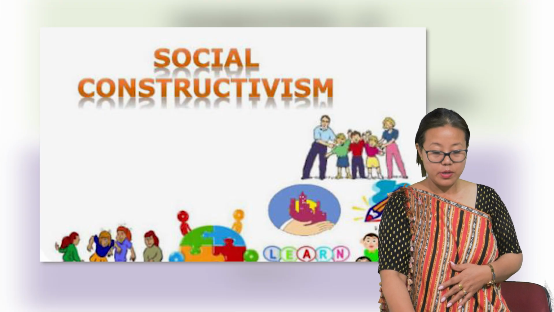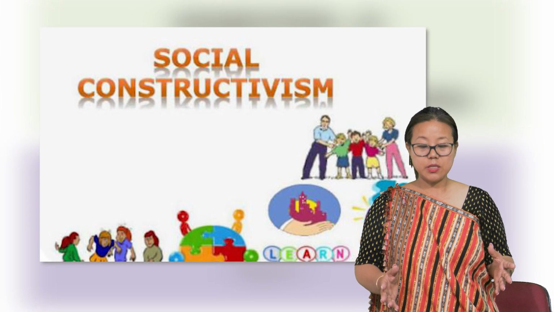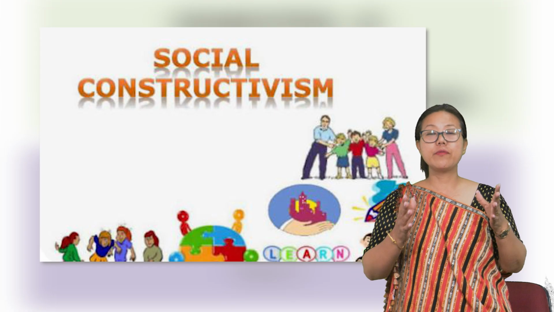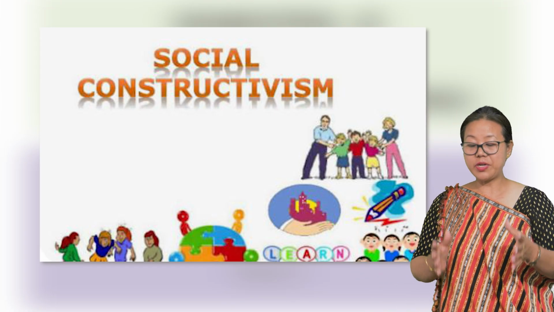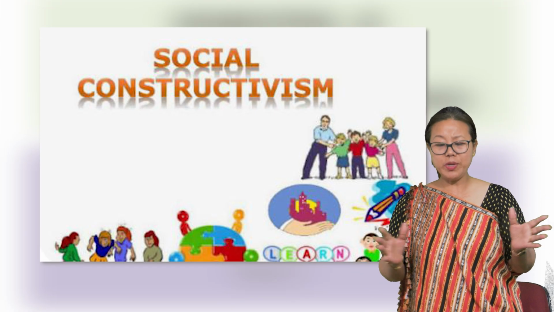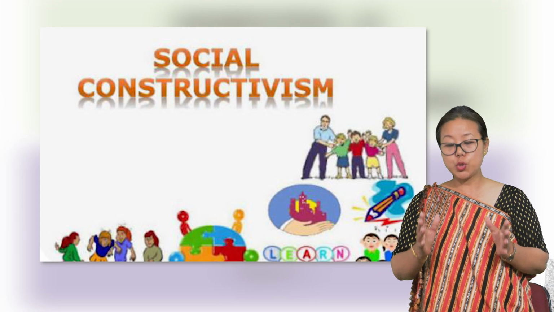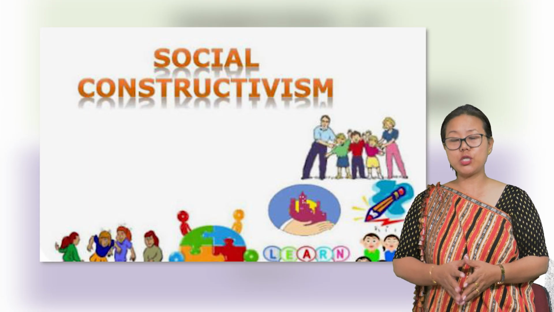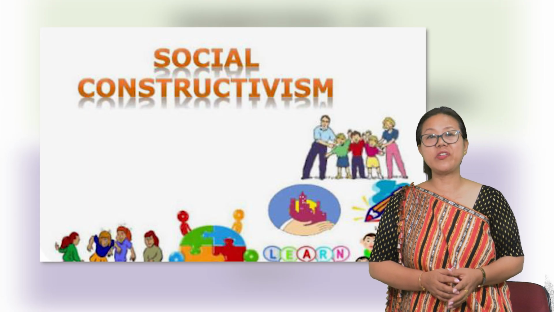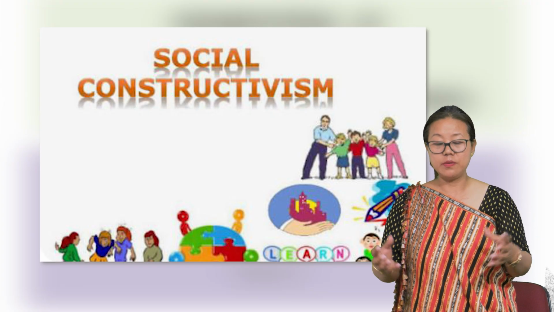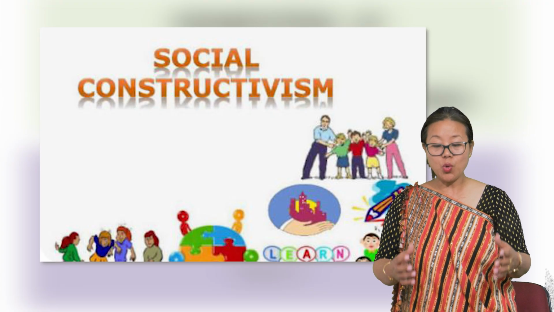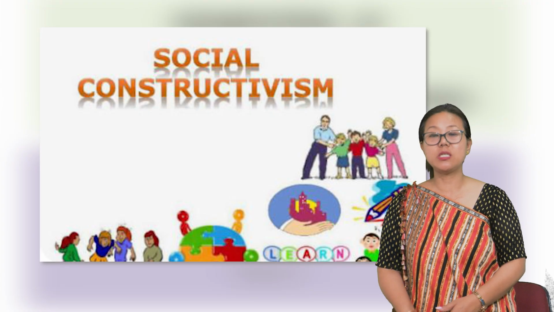For the key characteristics, I have given 5 important characteristics. There are many characteristics of social constructivism, but I have discussed 5 important ones in detail. Number 1 is socially situated learning.